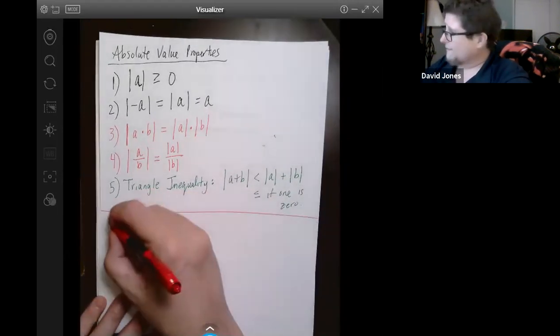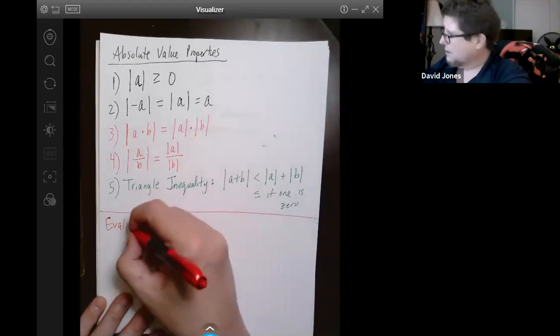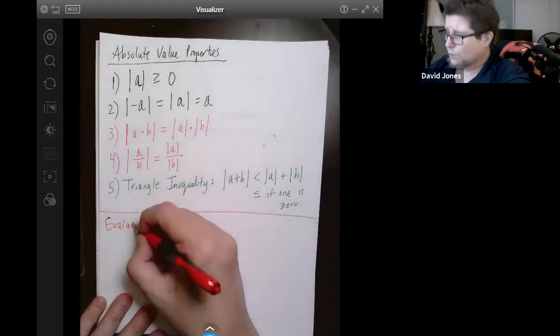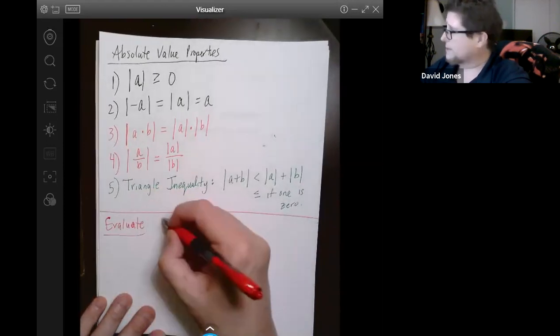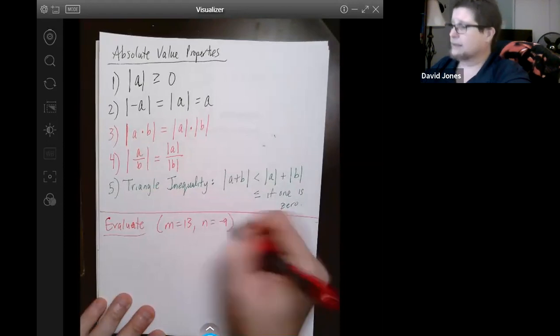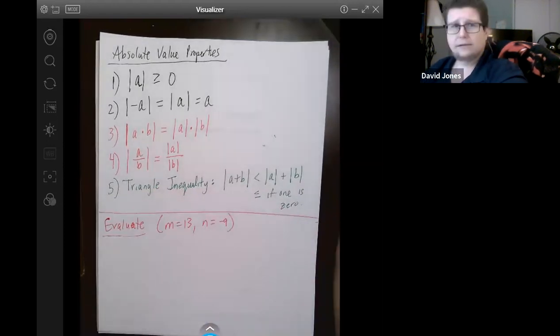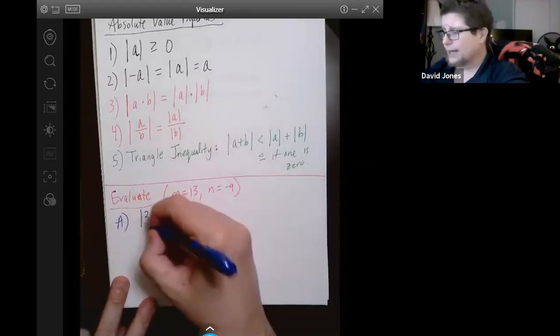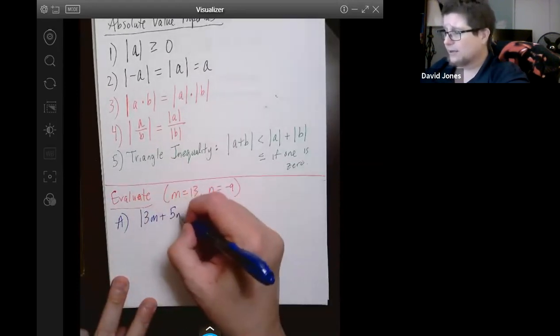Let's evaluate, and we're going to treat for these problems m equals 13, n equals -9. Our first problem is the absolute value of 3m plus 5n.